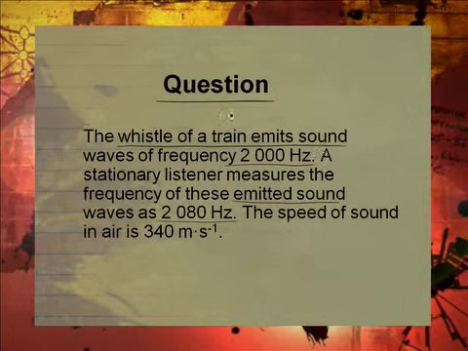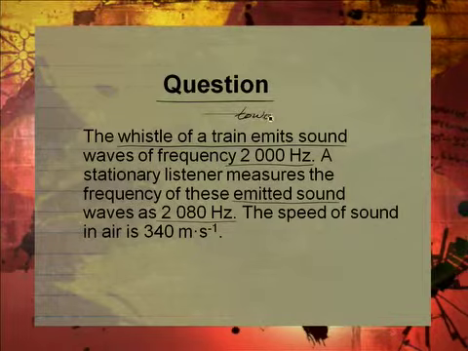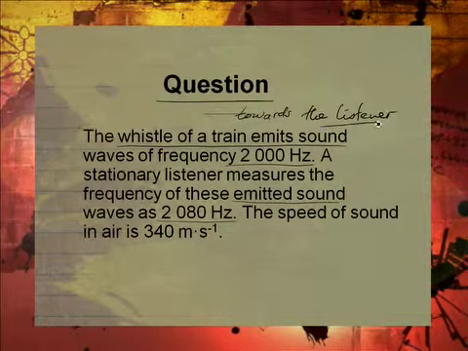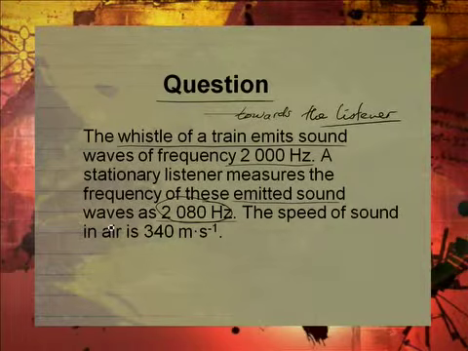Now what does it mean? It tells us that the train is moving towards the listener, because the listener is hearing a frequency greater than that of the source. And we are told the listener is stationary.